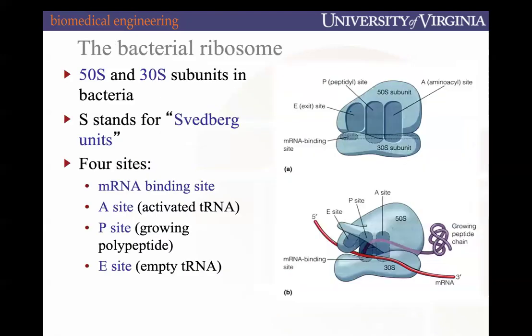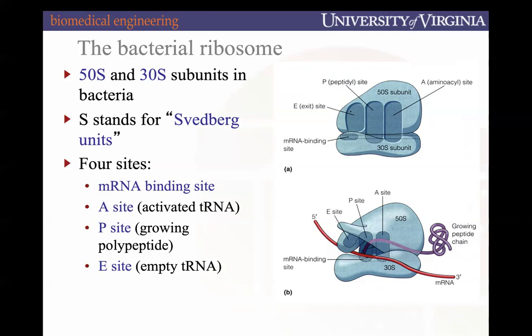So I'm going to take a second to describe bacterial ribosomes, prokaryotic ribosomes, and then I'll describe eukaryotic. The bacterial ribosomes' large and small subunits are typically described as being the 50S and 30S subunits.